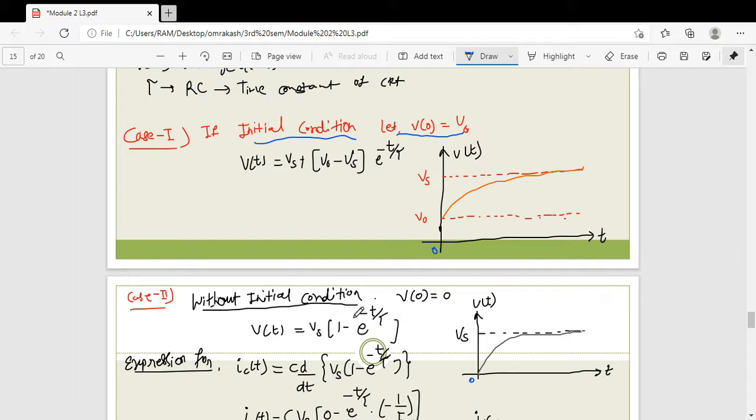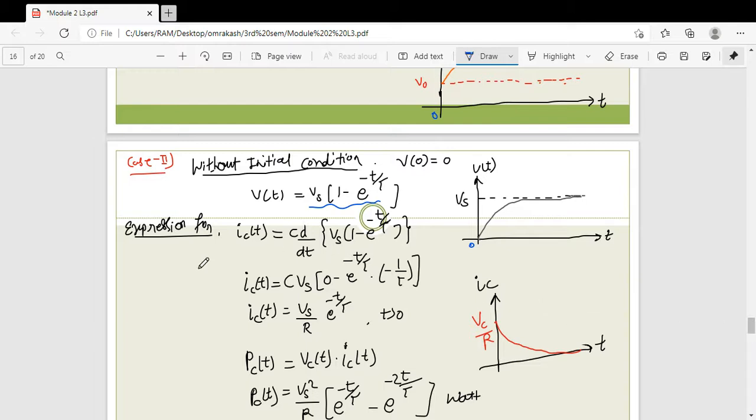So here no initial condition is present. Simply put V naught as zero, and you will get Vs minus Vs e to the power of minus t by tau. Take Vs as common, so you will get this.